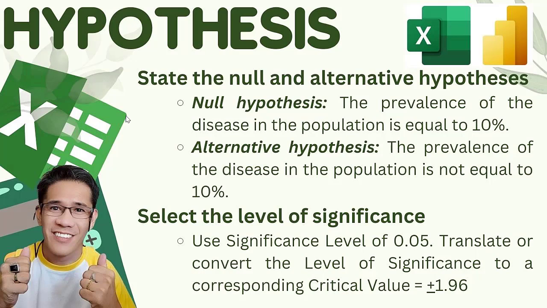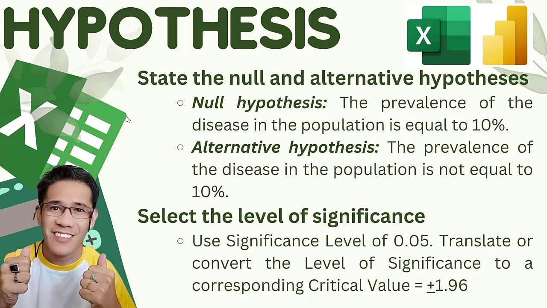The second step is to select the level of significance. So the rule of thumb that statisticians and data scientists are using is the 0.05 level of significance. But you have the option, you have the choice of what level of significance you are going to use. Translate or convert that level of significance to a corresponding critical value or z-score.